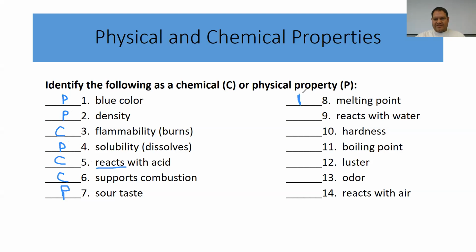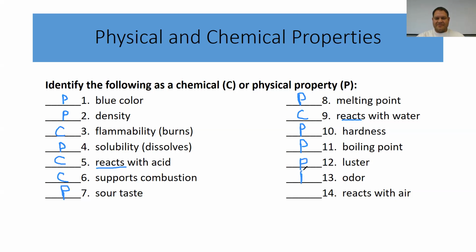Melting point is physical, reacts with water. Chemical, there's that reacts with. The hardness is a physical. Boiling point is physical. Luster is how shiny an object looks. If it's dull versus it has a lot of shine to it, it's got a lot of luster. So that's going to be physical.